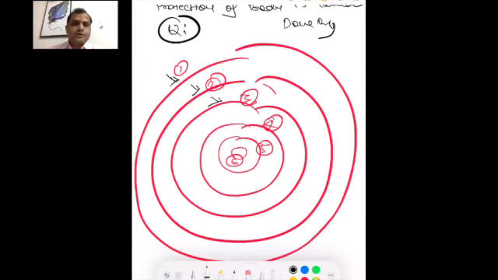And after fighting and winning, it goes to the fourth layer, then the fifth layer, and finally the sixth layer.